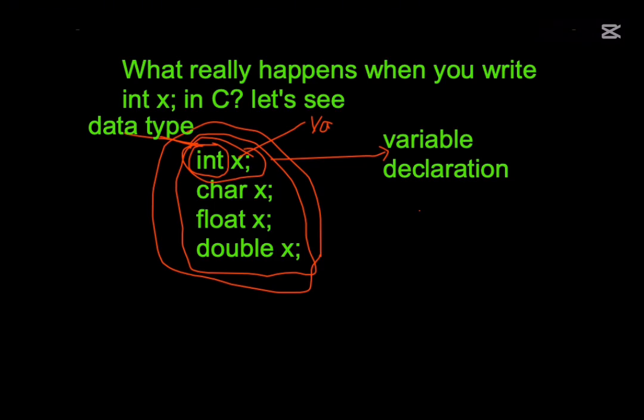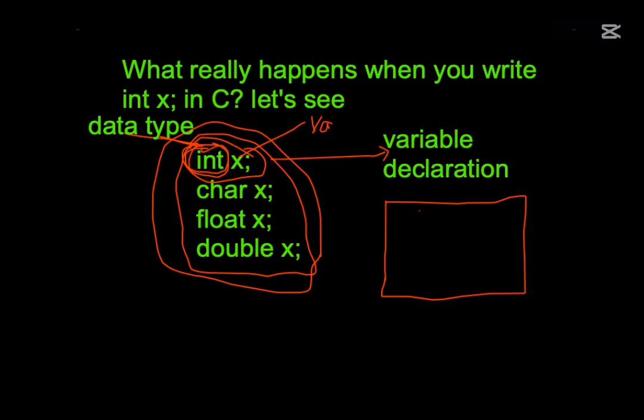So let's say this is the memory, and I've explained in my last video that memory is just like a large area of land, and you're trying to build something. So you're trying to tell the compiler that I need a space where I can store numbers, a space that actually allows storage of numbers.